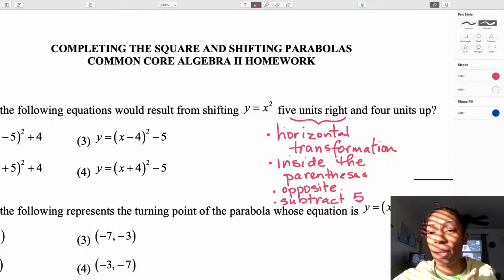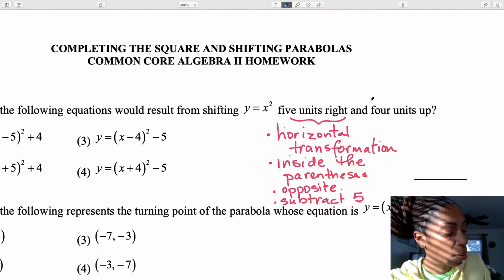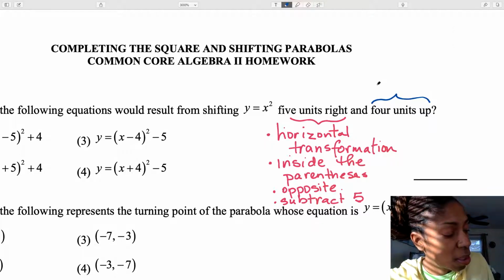Then we have another translation, which is 4 units up. So this one is actually a vertical transformation.